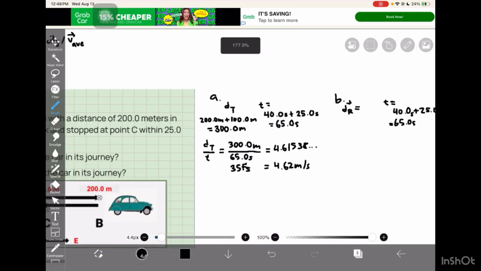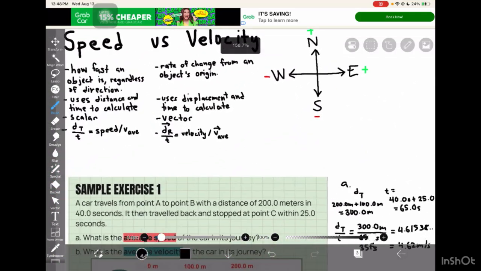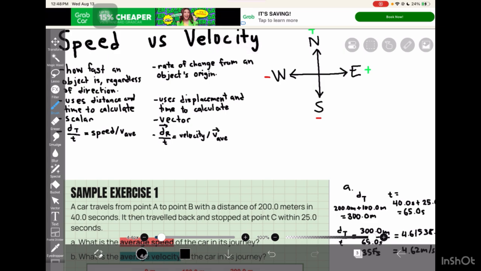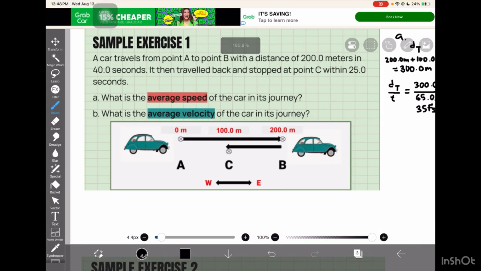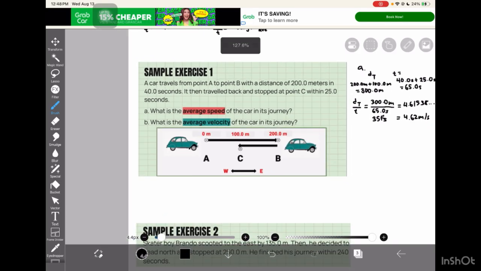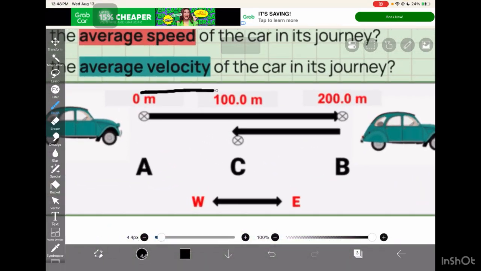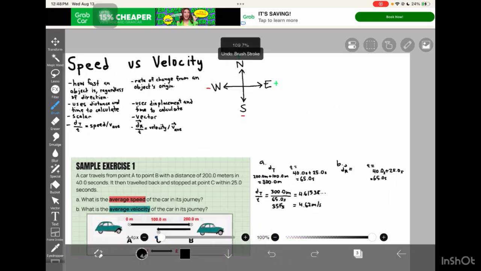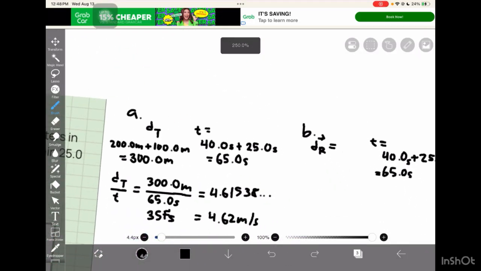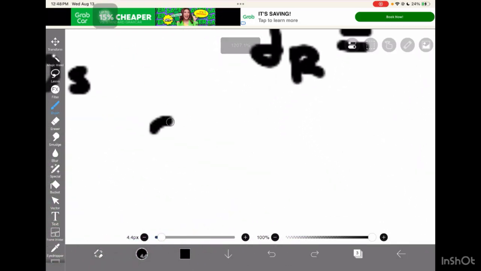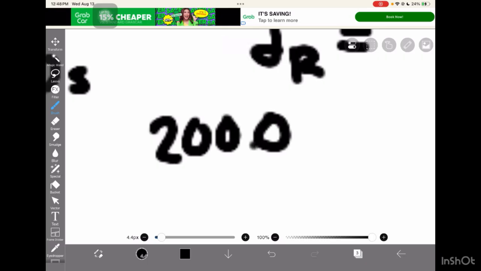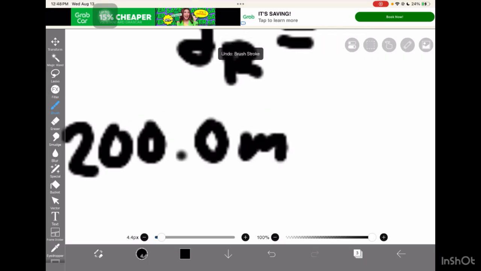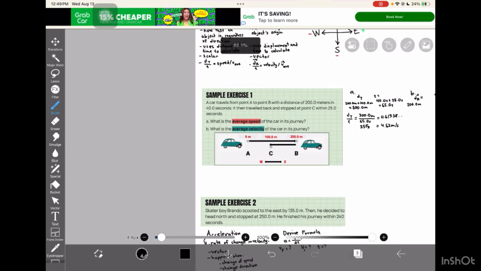Sorry, resultant displacement. We need to find the direction the car is going relative to what we will put as positive and negative. So we went from 0 to 200 meters in this direction, and as you can see by that diagram, going to the right is called east. So east is, as you can see over here, positive. So we put 200.0 meters, and then what's next?